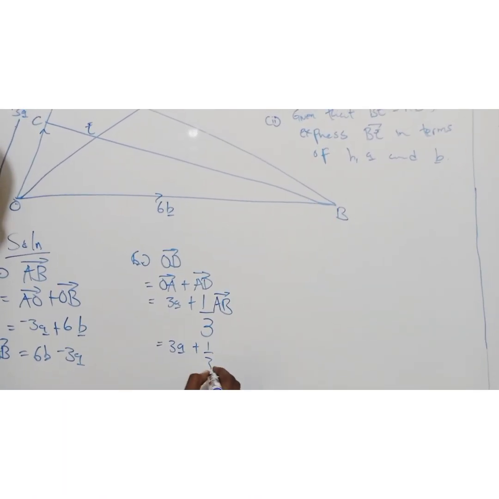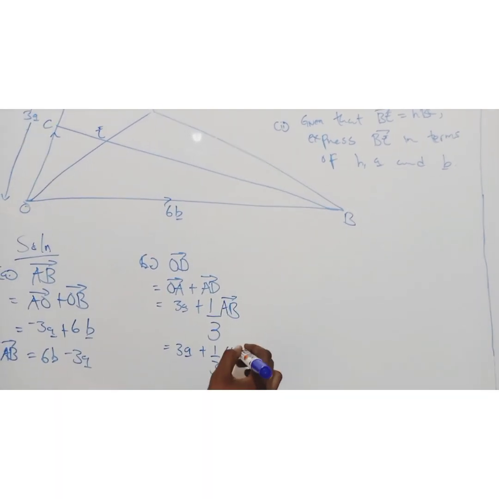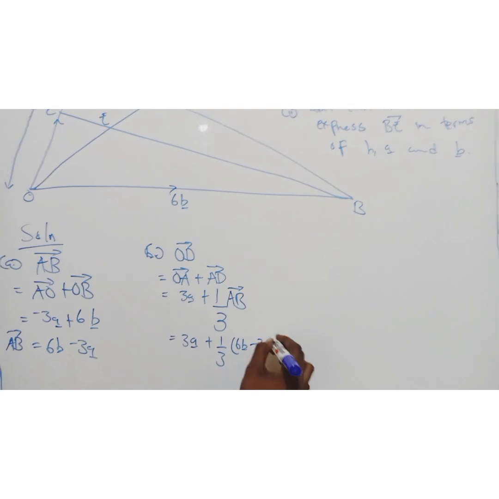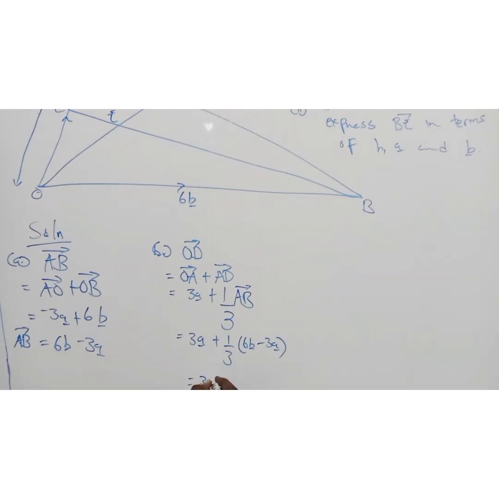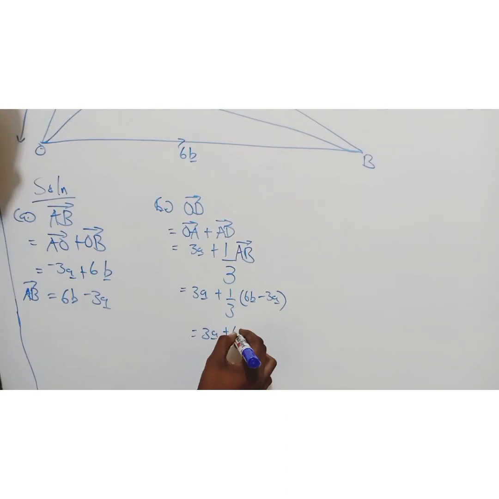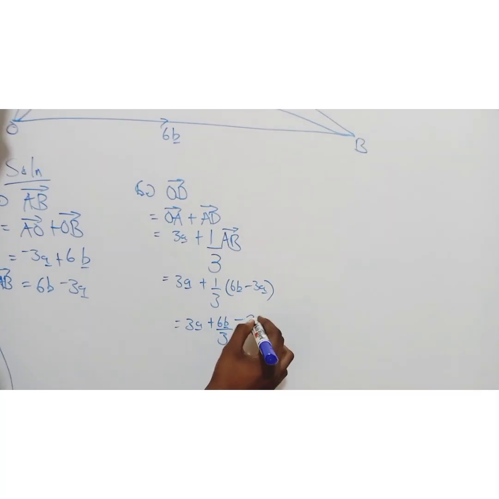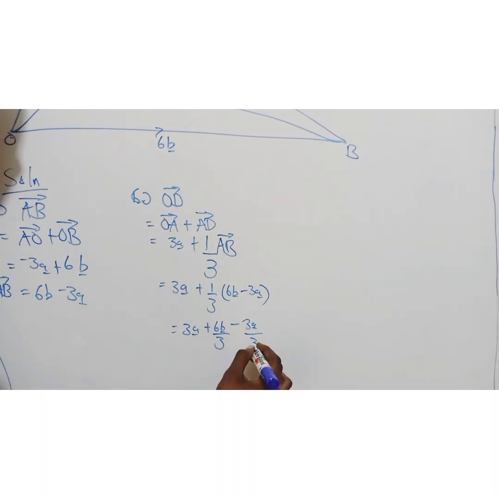So 1 over 3 AB, we found 6B minus 3A. So we continue breaking down. This time that is 6B over 3 minus 1 times that is 3A over 3.